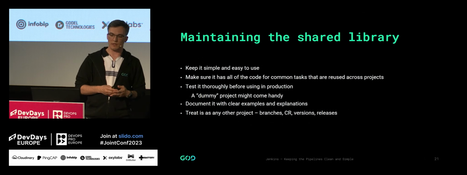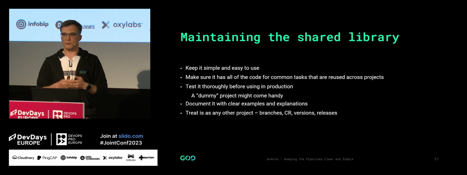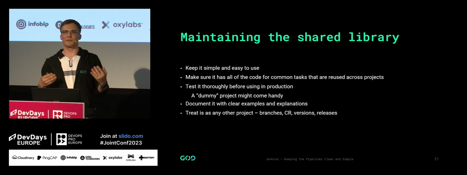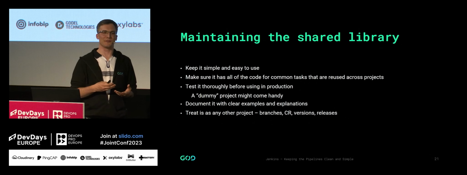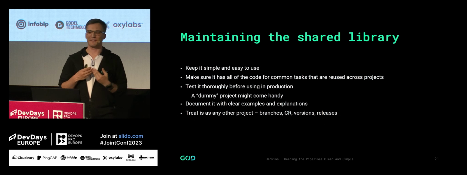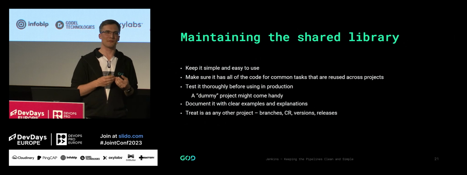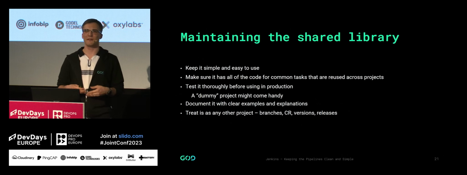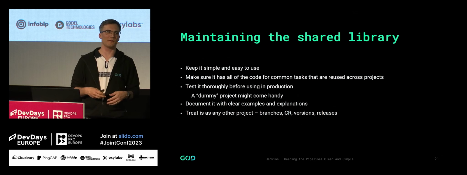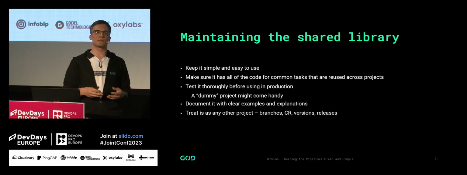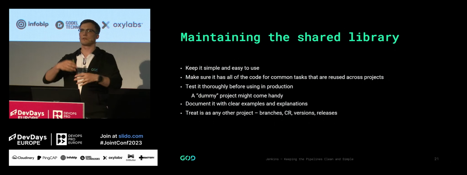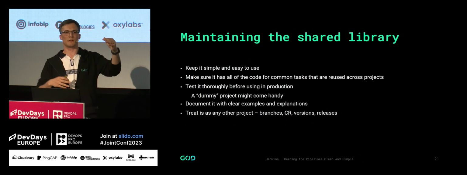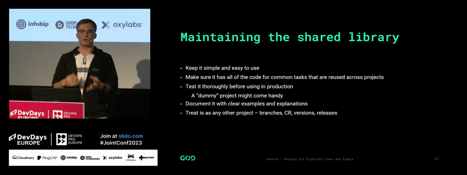Another thing that I want to say here is that in my experience, problems come when a lot of people try to add more code to the shared library. So try to avoid it. The purpose of this shared library is to make your pipeline clearer and easier. If you try to overcomplicate it, if you add layers of abstractions and functions that call functions that have some class, some instances, some configuration, and if and that and switch and case, you are missing the point.